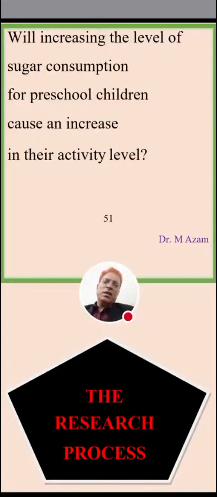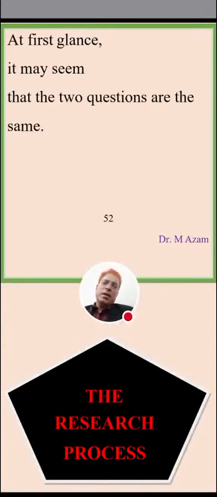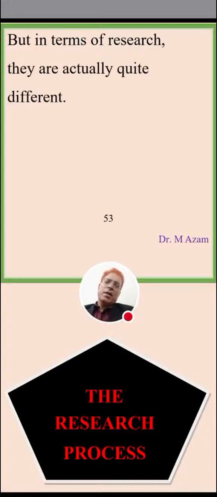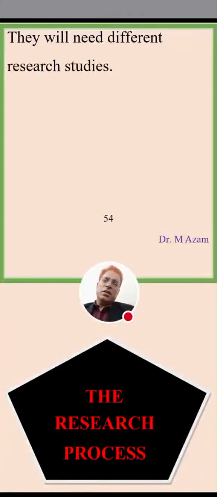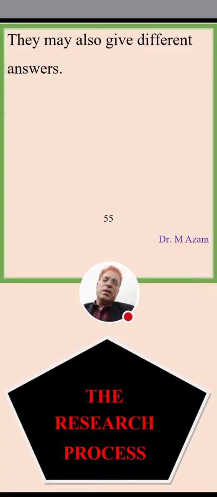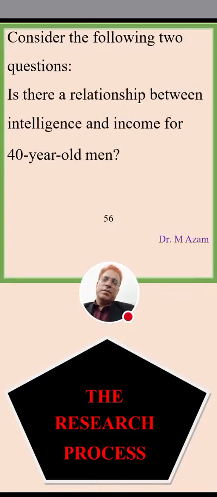Will increasing the level of sugar consumption for preschool children cause an increase in their activity level? At first glance, it may seem that the two questions are the same, but in terms of research, they are usually quite different. They will need different research studies. They may also give different answers.